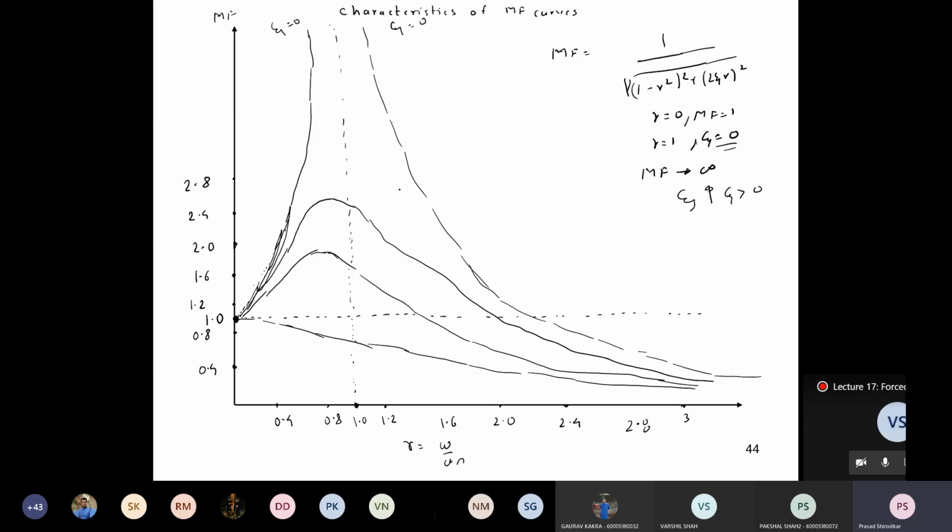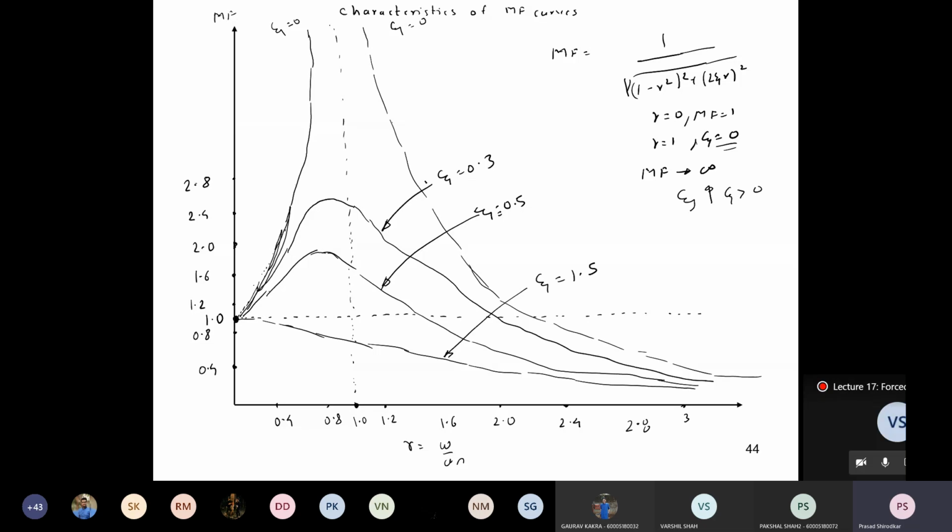Okay, so this is zeta is equal to 0. This is zeta, suppose 0.3, and this is suppose 0.5. Okay. Now these are the curves. Say suppose this is zeta is 1.5.